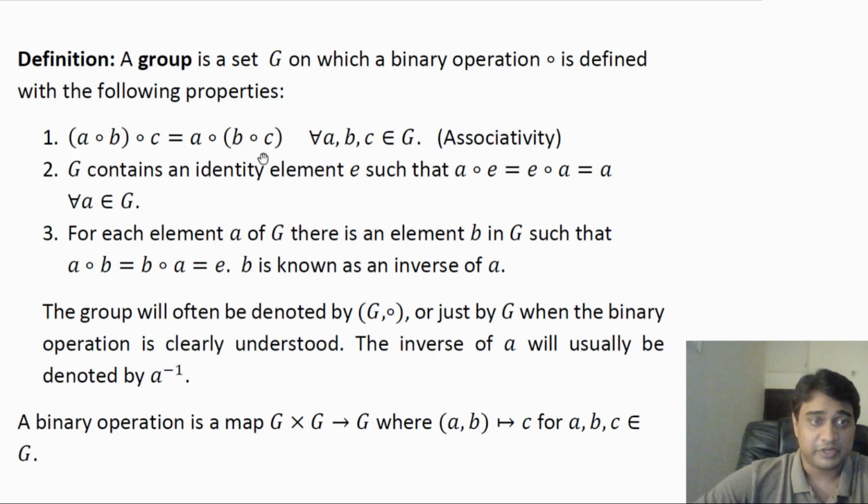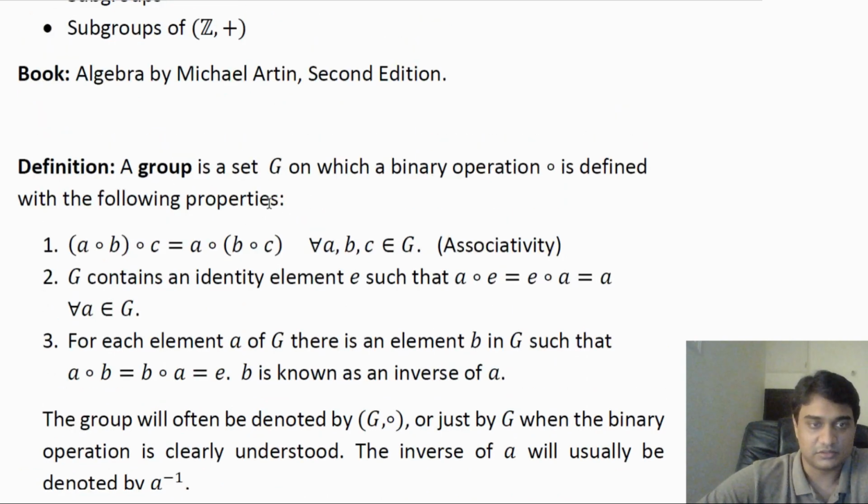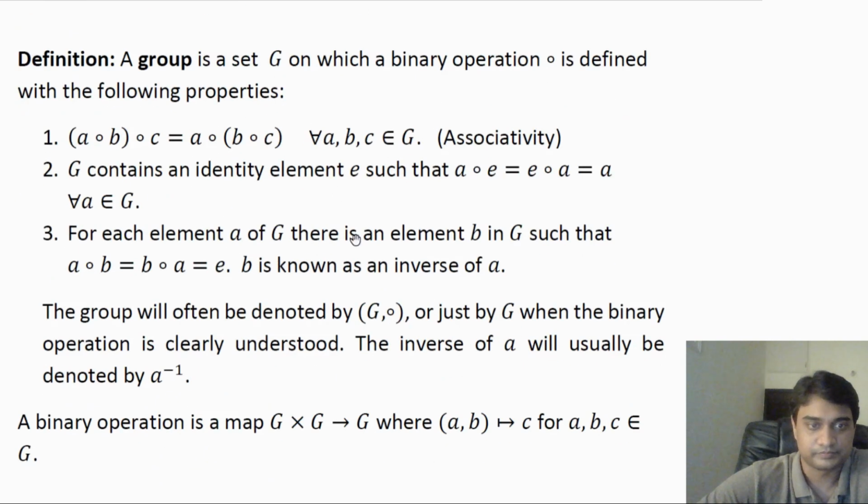So compared to these two structures, fields and vector spaces, a group is quite a simple algebraic structure, and that's why we start the study of algebra with the group. It's quite simple to deal with.